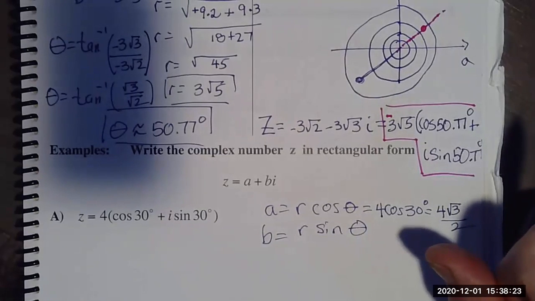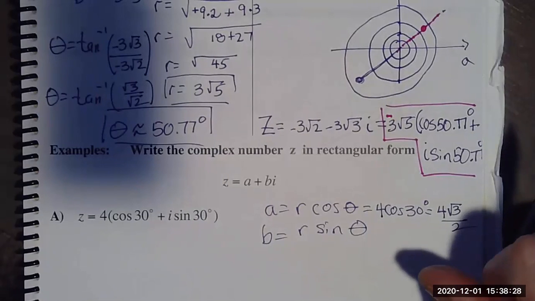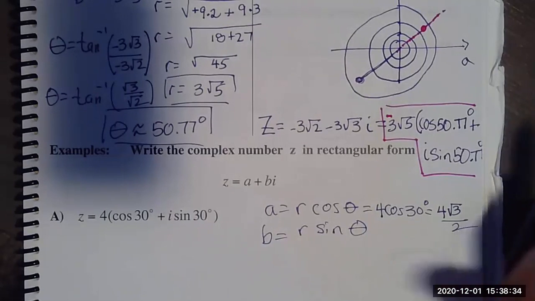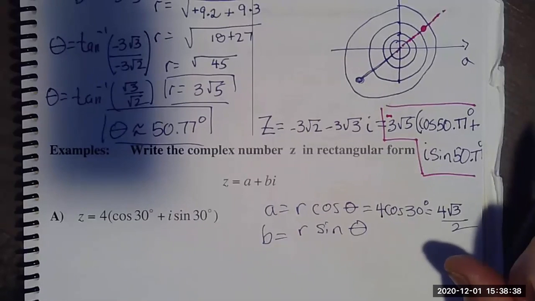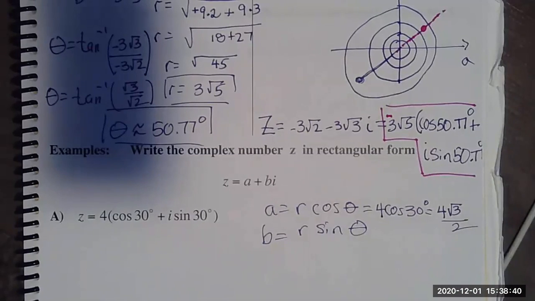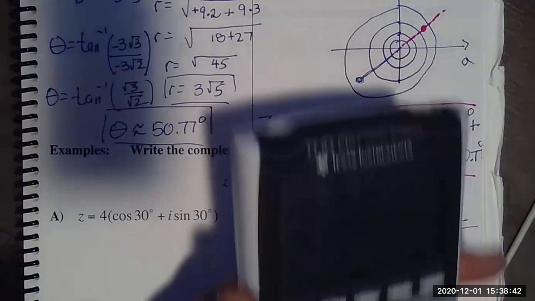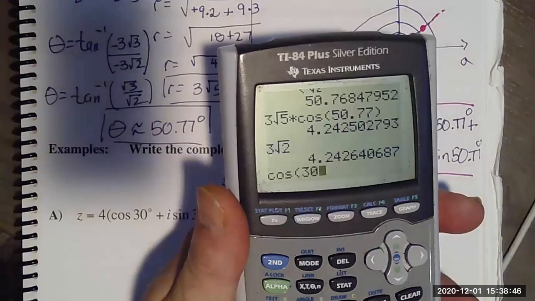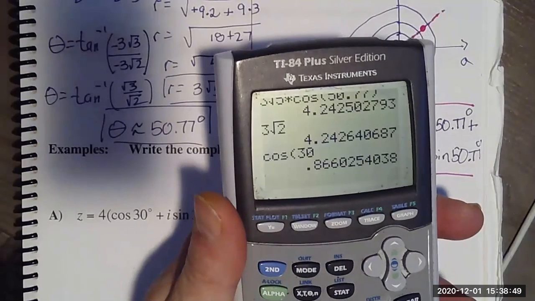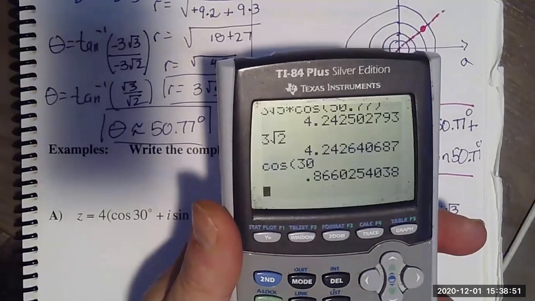What would you do if you don't have it by memory? It's been a while since I knew what cosine of 30 was to be absolutely confident. What would you do? Any ideas? Google it. It's either root 3 over 2 or a half. I can do this, cosine of 30 degrees. Oh, it's not a half because it would be 0.5. That's got to be root 3 over 2. It's got to be.